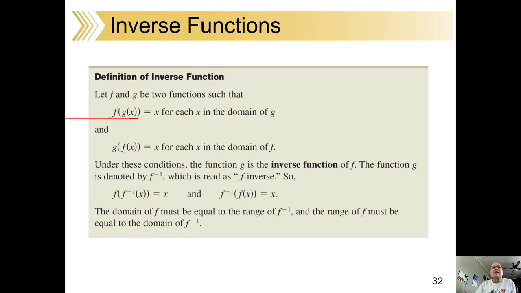This one says the x is given to the f function first, the result's given to the g function. Now, an inverse function means doing something sort of in reverse or undoing something. Occasionally, you'll have a function and you'll have its inverse.